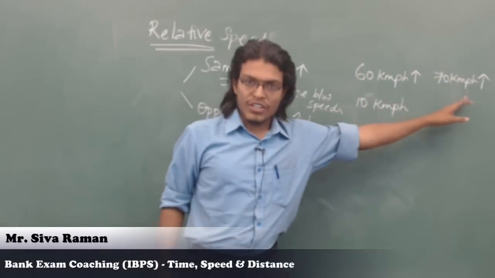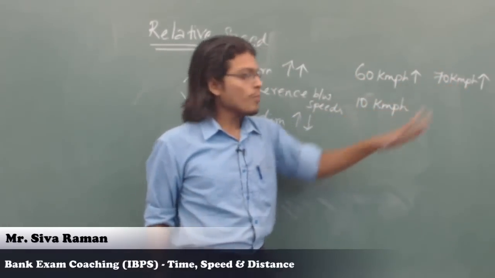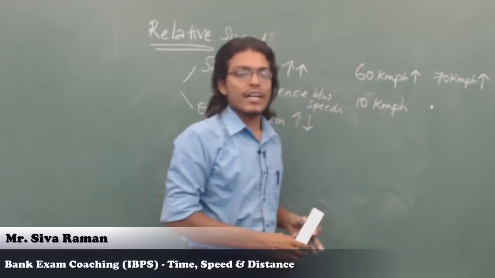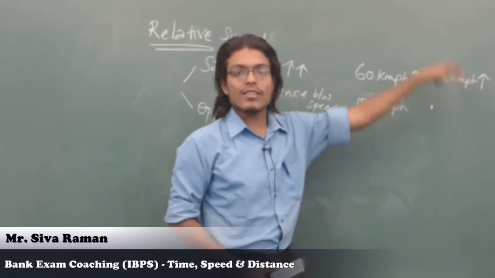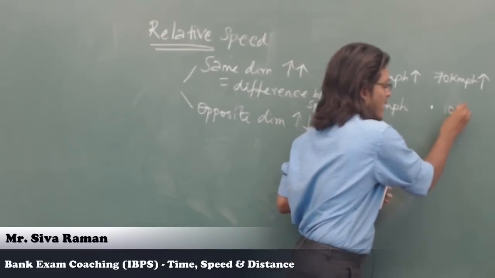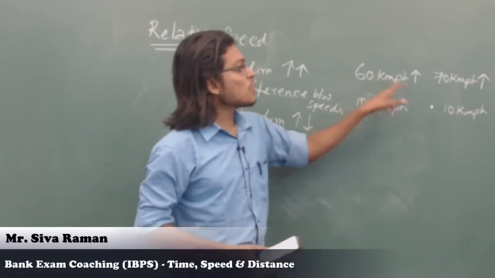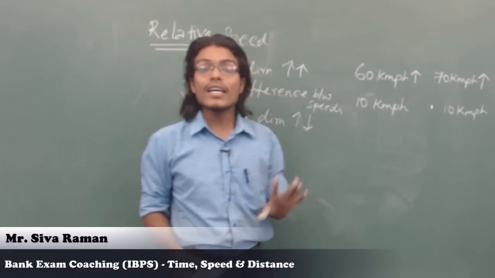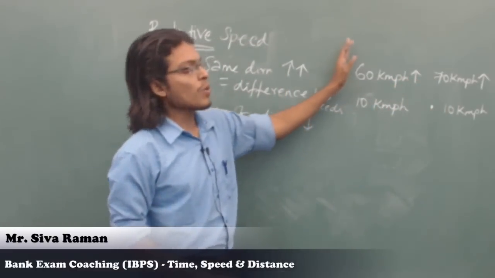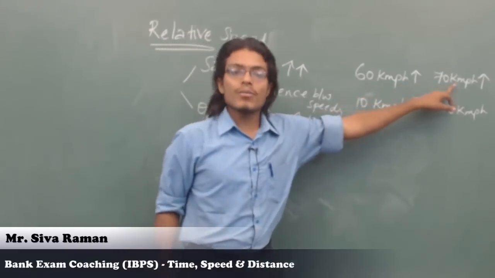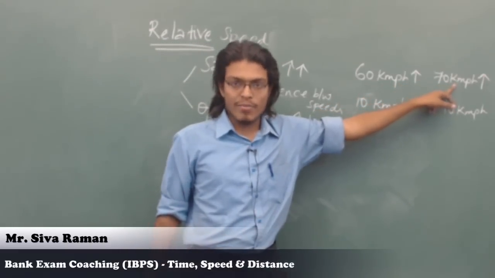See, I will give you a comparison. The same situation is similar to you standing still and the other bus crossing you at 10 kilometer per hour. These two scenarios are one and the same. What scenario? You are moving in a bus that is moving at 60 kmph and there is another bus overtaking you at 70 kmph.